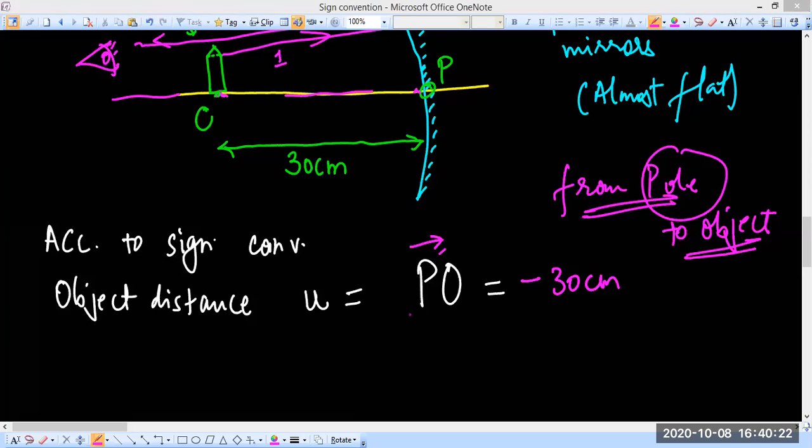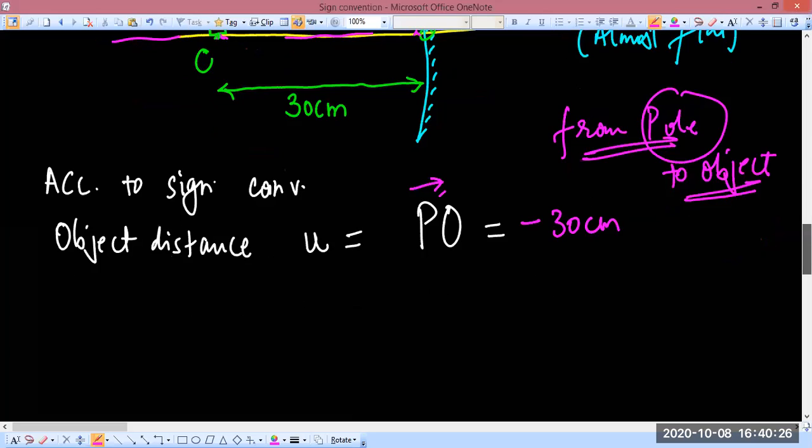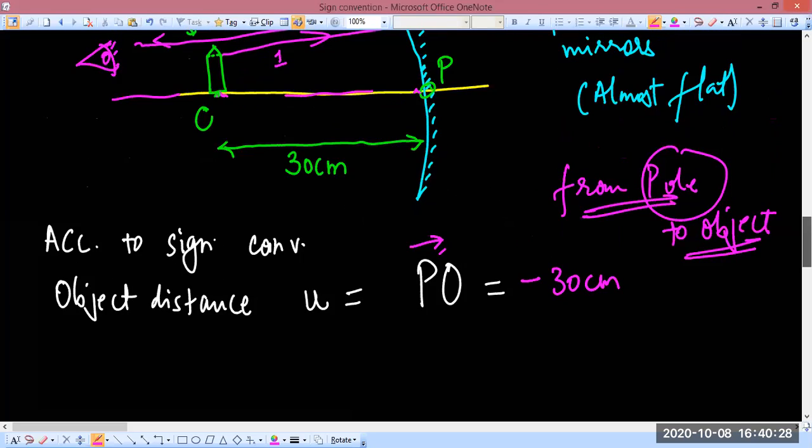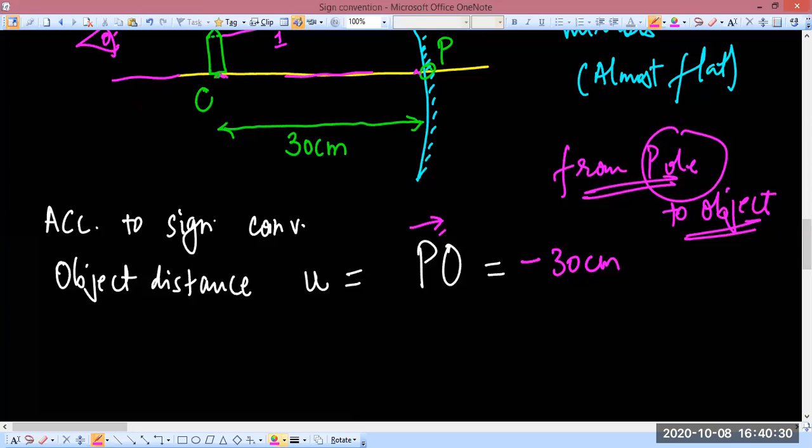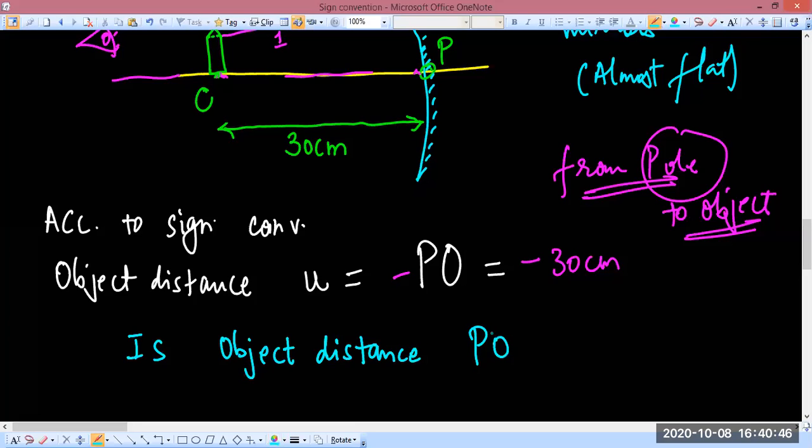The choice is yours. Okay, at this point, I'd like to make one thing very clear. Is object distance PO? Yes or no?